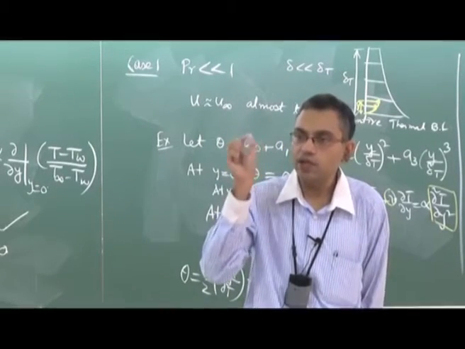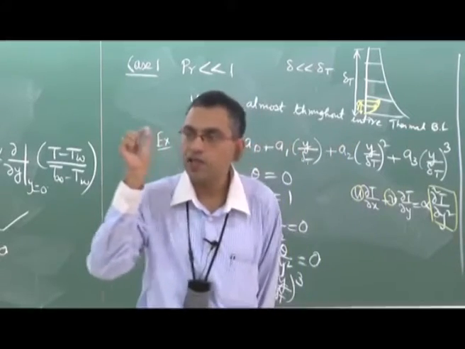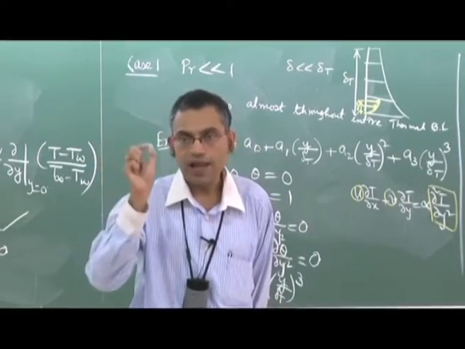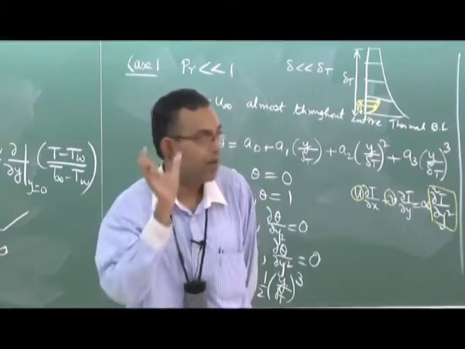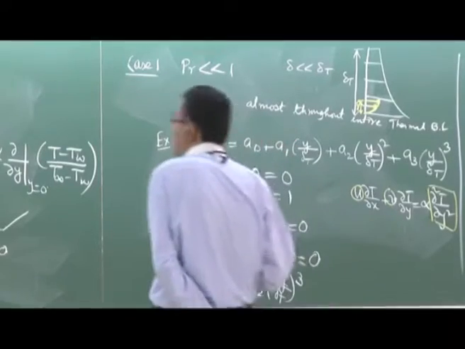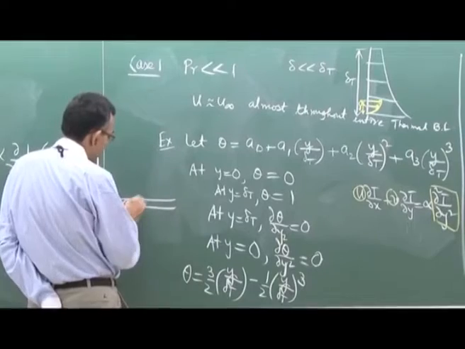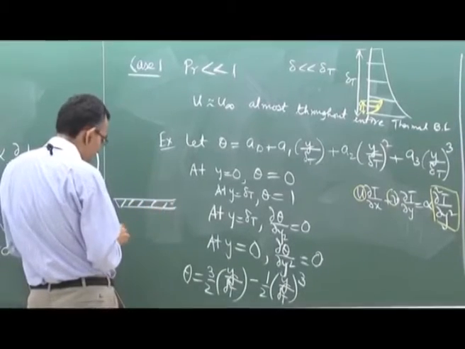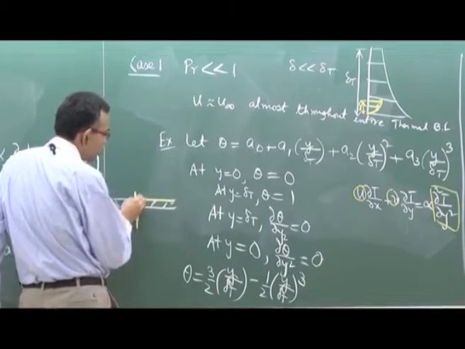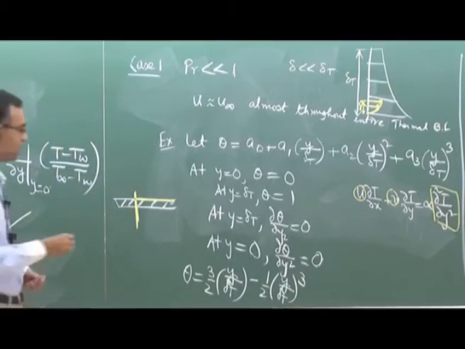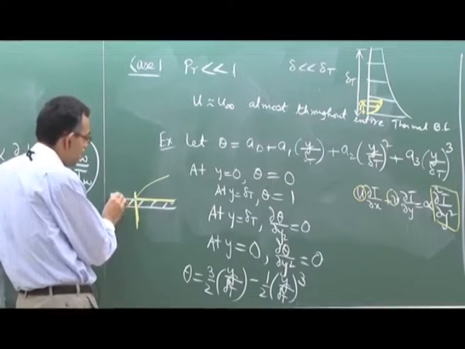At x equal to 0, the hydrodynamic boundary layer thickness must tend to 0, but at x equal to 0, the thermal boundary layer thickness may not be 0. I will give you an example. Let us say that this is the solid boundary and this plate is heated starting from here. So this zone is only heated. So the thermal boundary layer will develop from here and not from here.